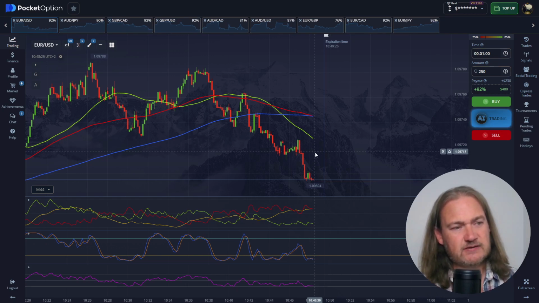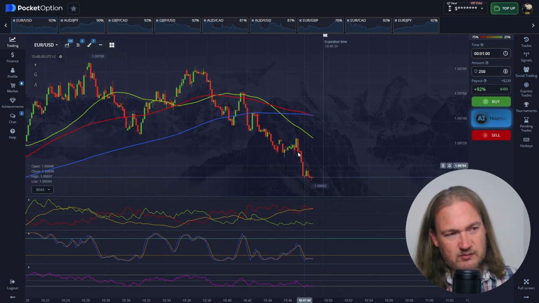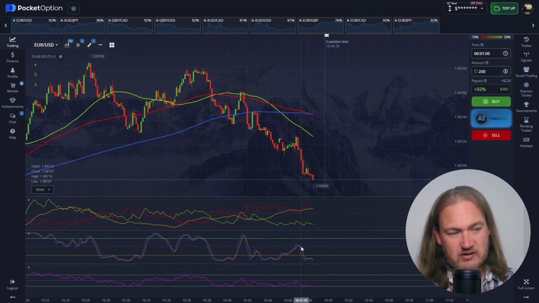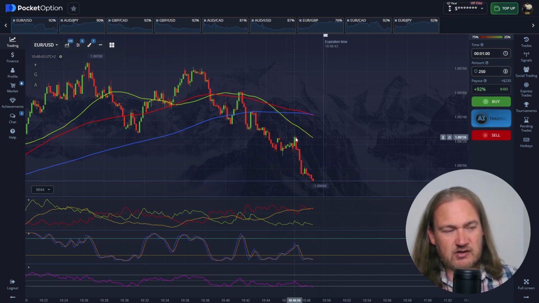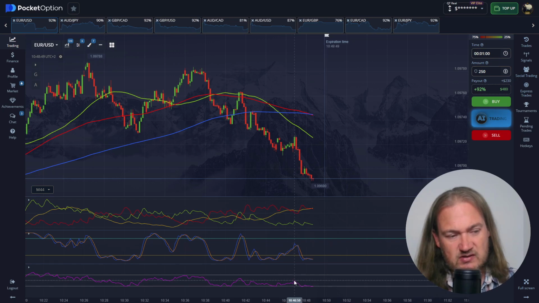I know that if price is moving like this, we're going to have pushbacks, small corrections like this, and I know that right now, at the last peak we had, the higher low, the lower high, the stochastic was roughly around the mid-range area, and also the RSI.